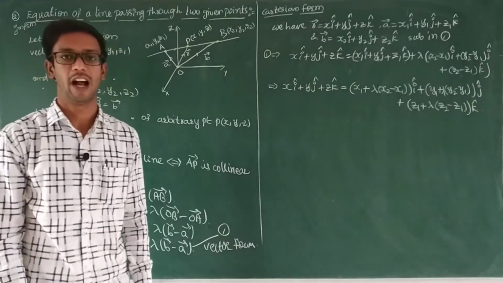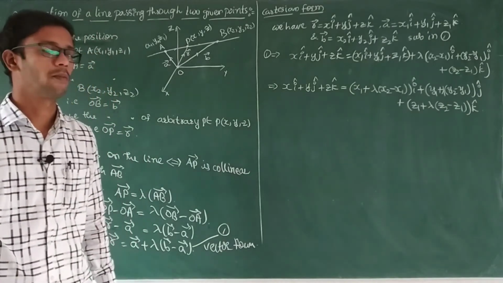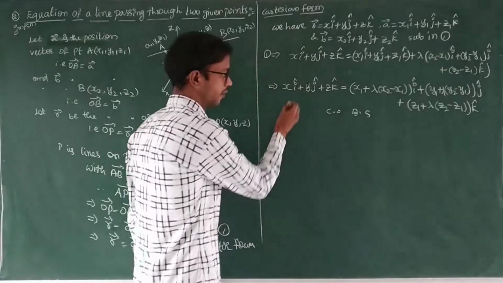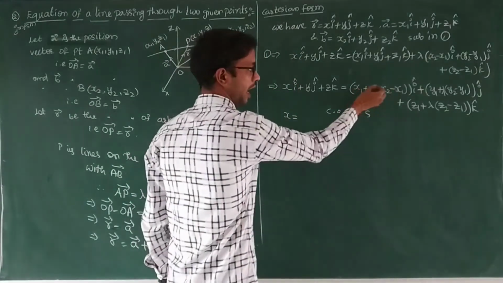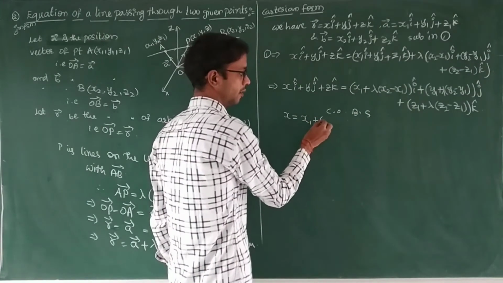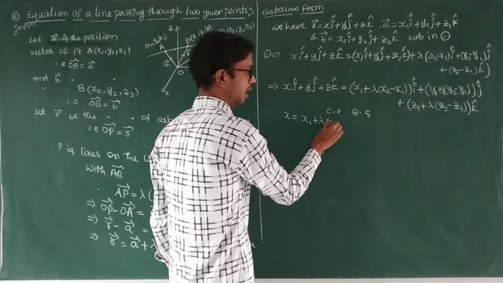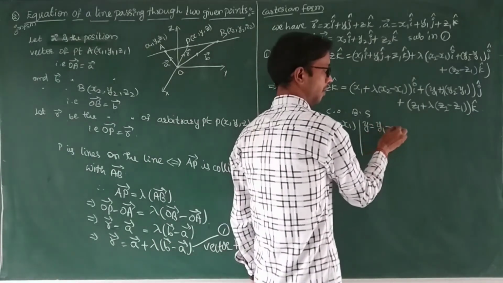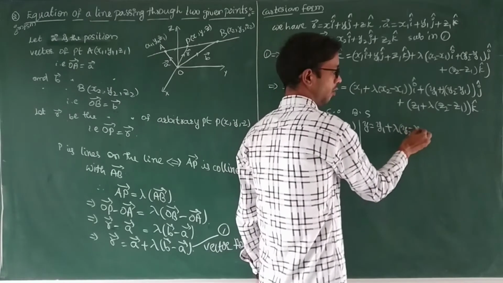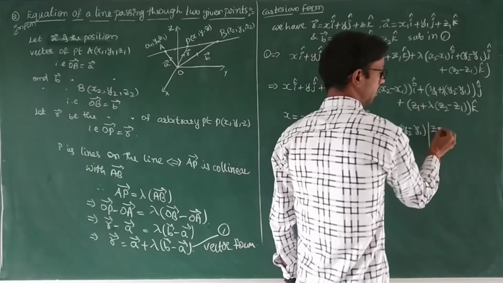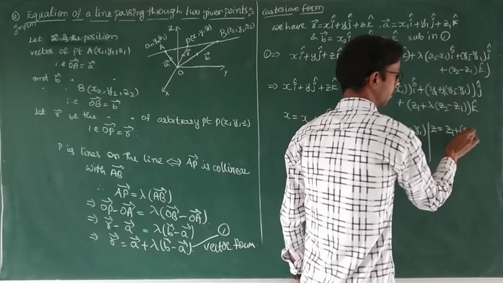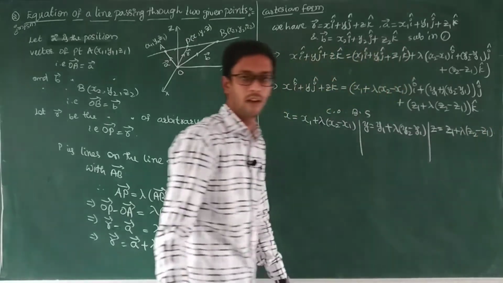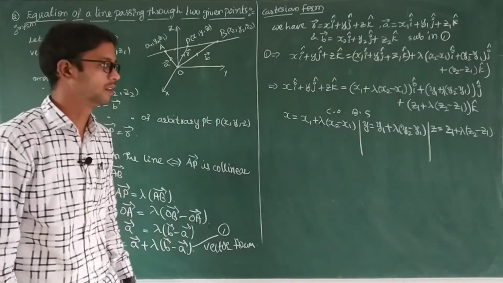Comparing on both sides: x is equal to x1 plus lambda into x2 minus x1, y is equal to y1 plus lambda into y2 minus y1, z is equal to z1 plus lambda into z2 minus z1.